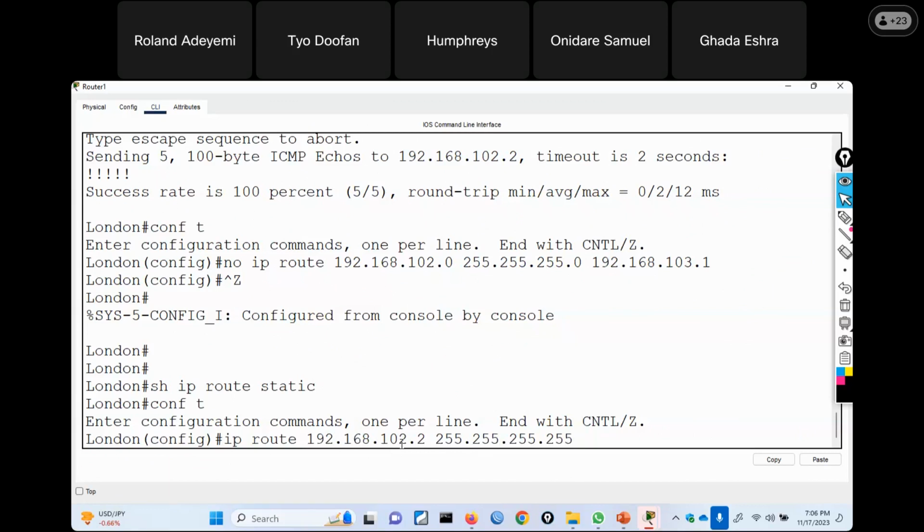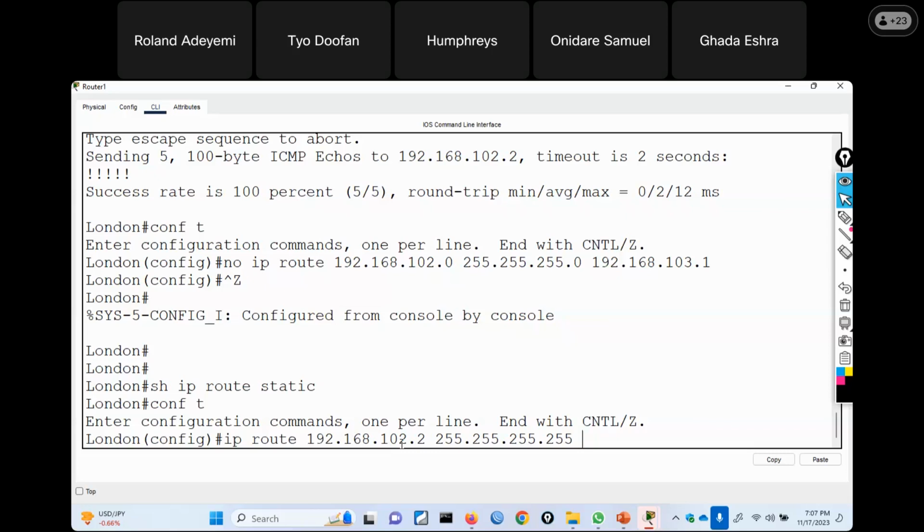Why did I use 255.255.255.255? Anytime you are pointing to the host, you are referring to the whole IP address, all the octets must be factored in. First octet, second octet, third octet, fourth octet. When you put a subnet mask of 255.255.255.0, you are particular about the first 3 octets that have 255. But in this scenario right now, we are particular about all the octets.